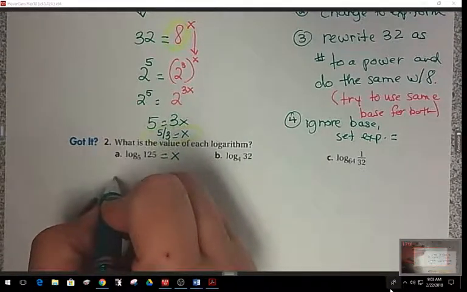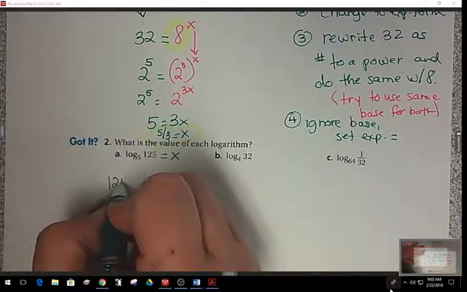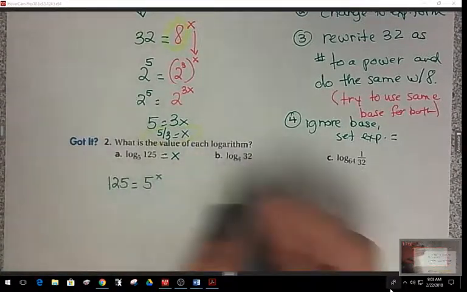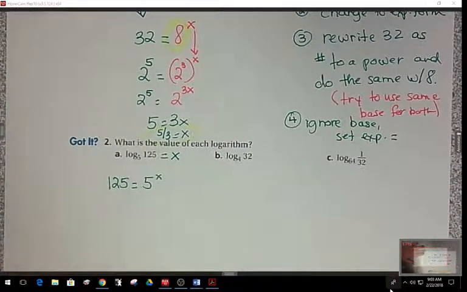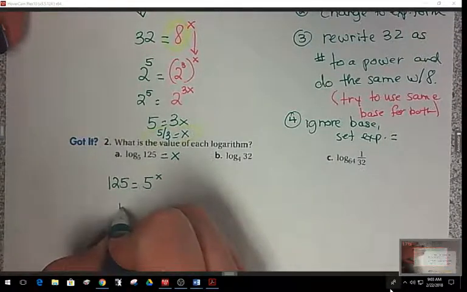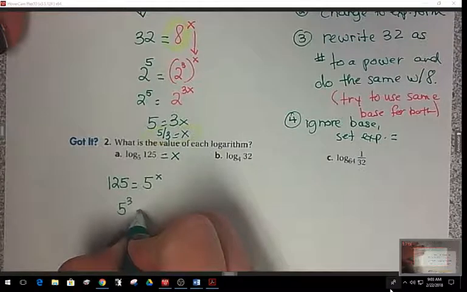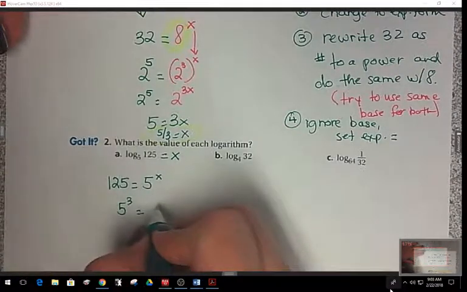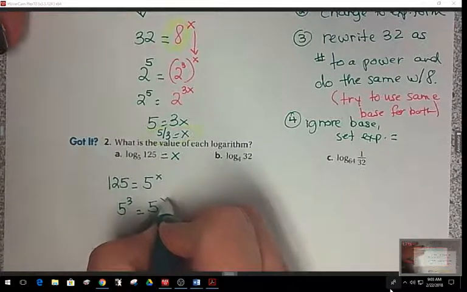All right, first I'm going to change it to exponent form, bring the 125 down, equals 5 to the x. Then 125 can be rewritten as 5 to the 3rd power. I can't rewrite 5 as something to a power, so I'm just going to leave it 5 to the x.